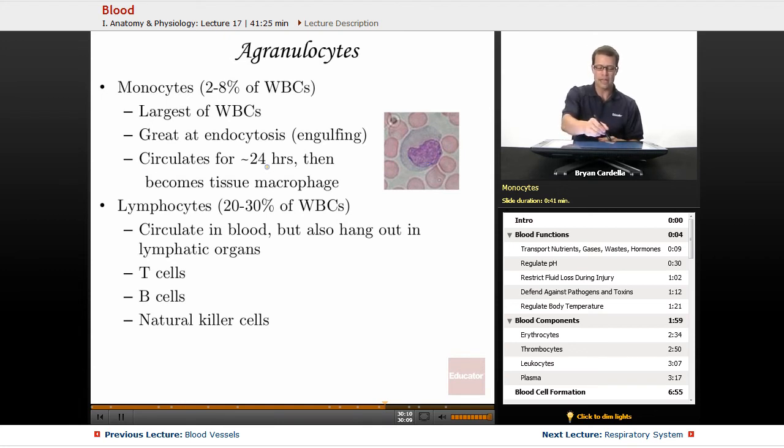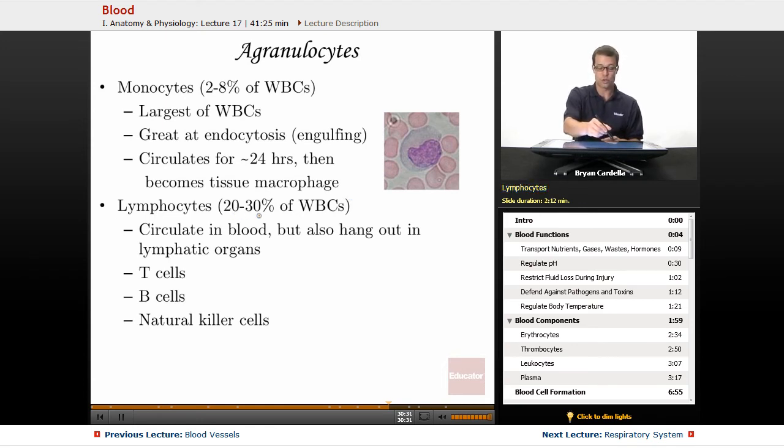They tend to circulate in the bloodstream for about a day, and then they end up in a tissue outside of the bloodstream as a macrophage. A macrophage means giant eater. Like I said, they are quite large, and macrophages roam around in tissues, eating up stuff that shouldn't be there.